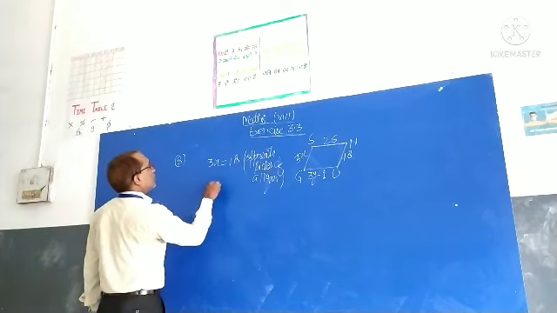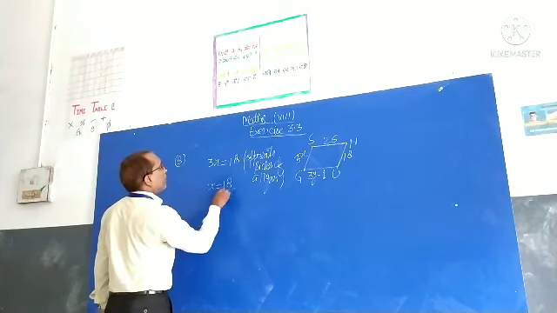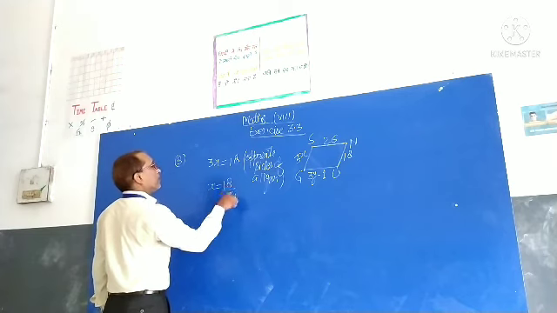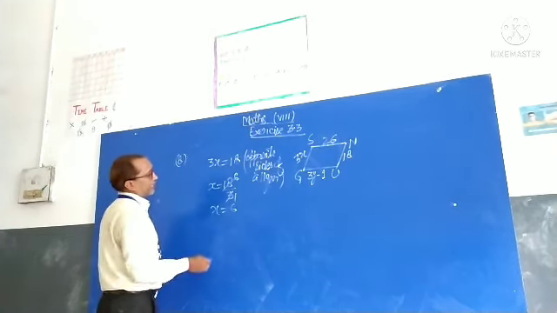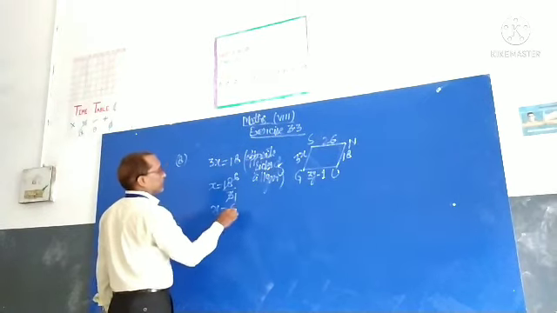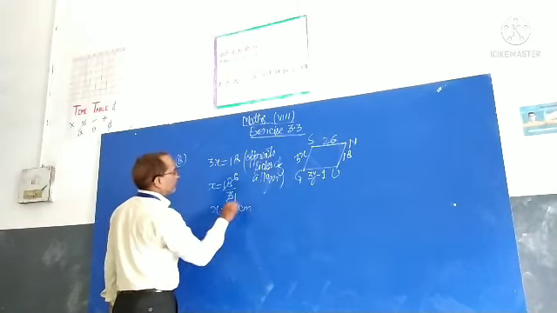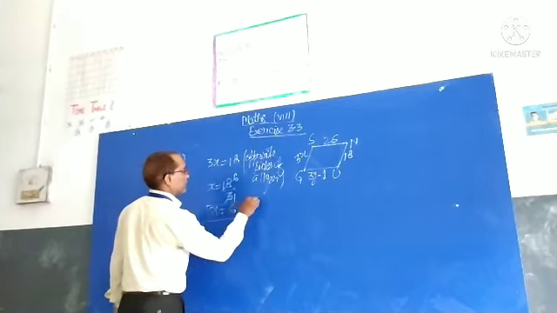Then x is equal to 18 upon 3. 3 sixes are 18, means x is equal to 6 centimeters. It is your answer.